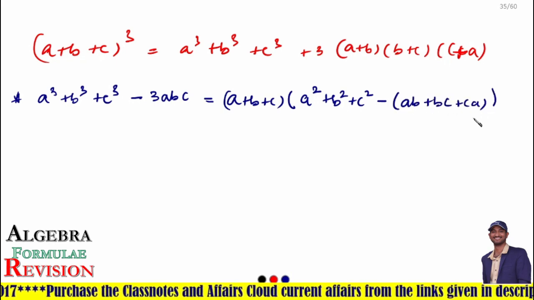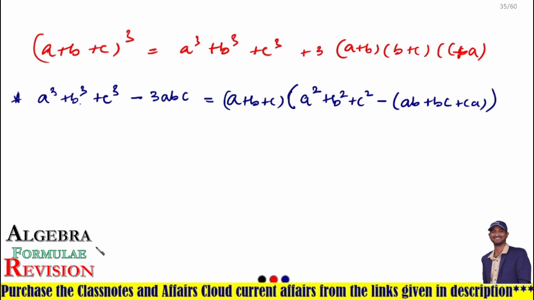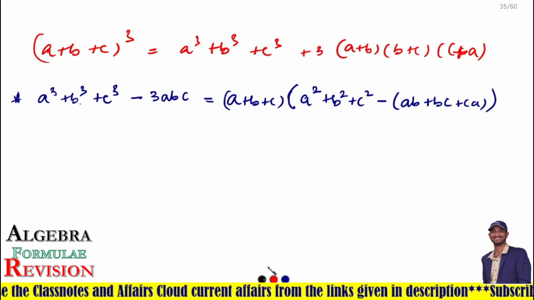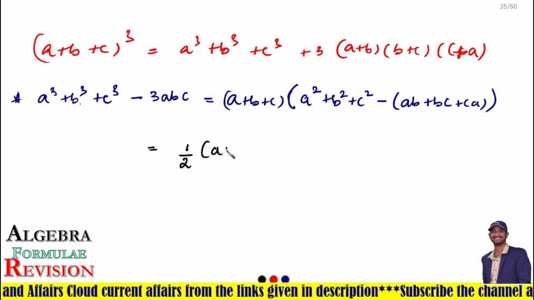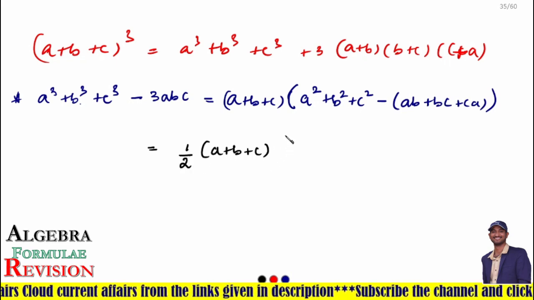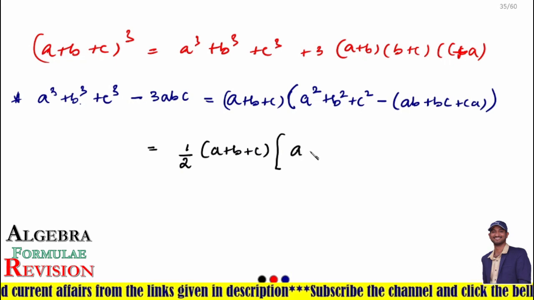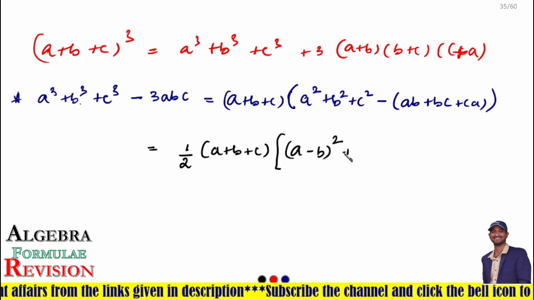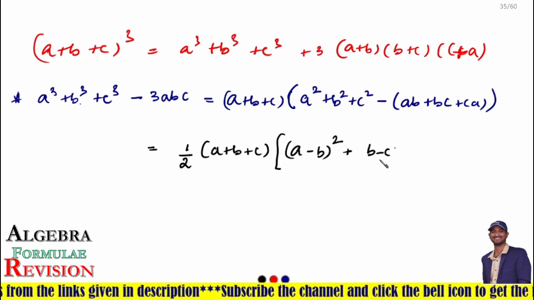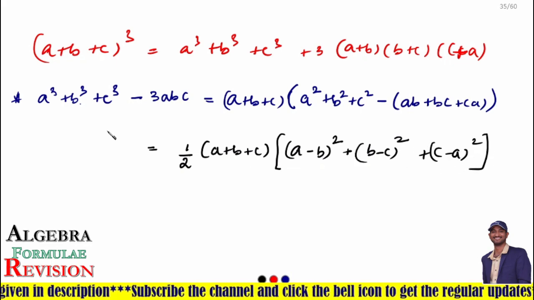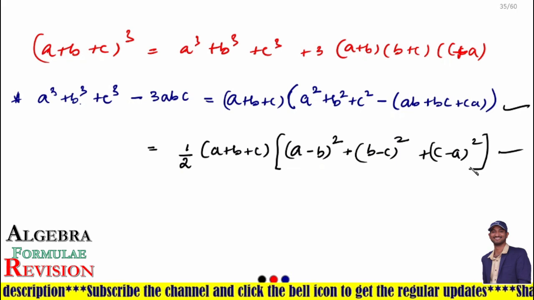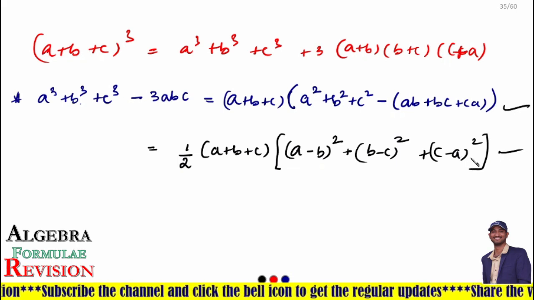This is the direct formula for this value. I can also write down this value as half into (a + b + c), that is the sum of the variables, into the sum of the squares of the differences of the variables: (a - b) whole square, (b - c) whole square and (c - a) whole square. These two formulas are very important.